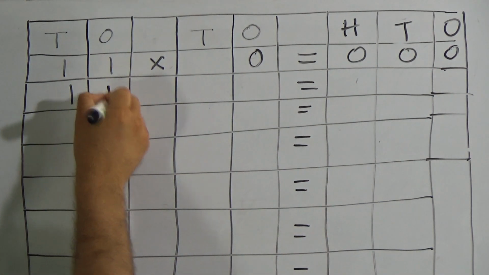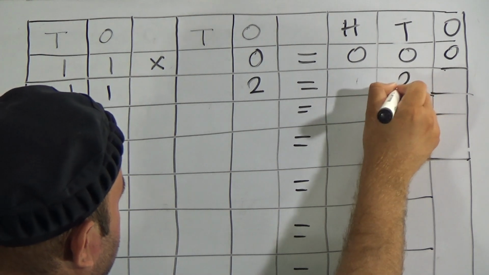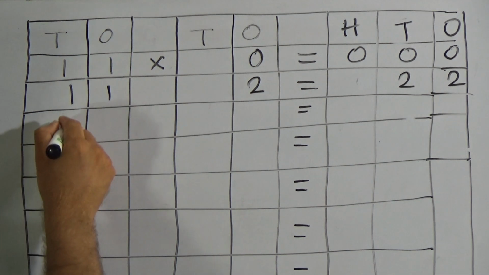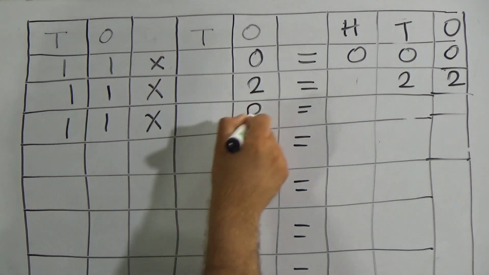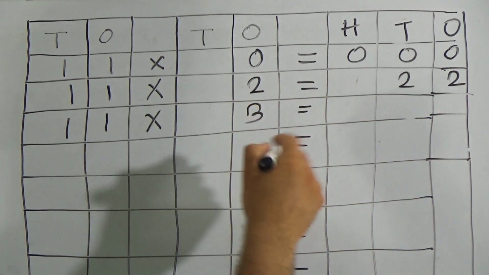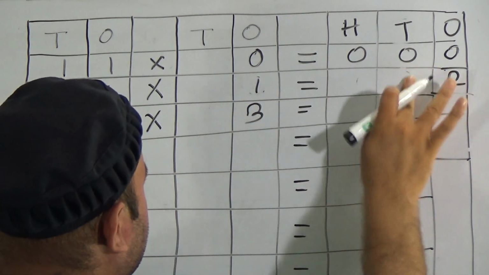Then 11 twos are 22. Here 2 is 10's place and another 2 is 1's place. Then next one, 11 threes are 33.